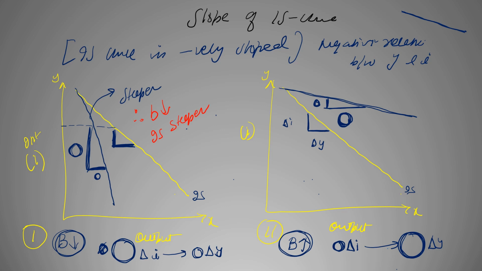So we are highly responding to this change, and that is why our curve is flatter. So we can say that therefore when B is higher, IS is flatter, right?